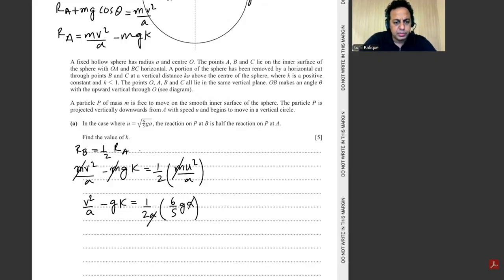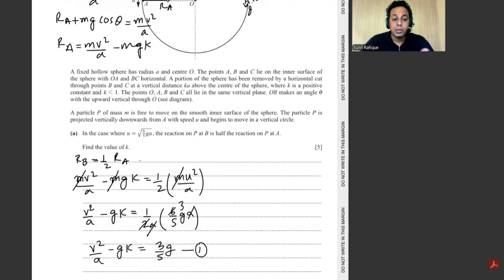So let's get rid of these a's, and 2 3s are 6. So v squared over a minus gk is going to be 3 over 5g. Okay, yeah, that's it.